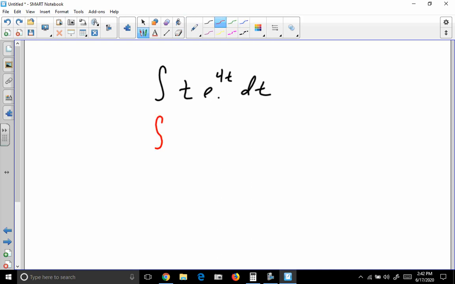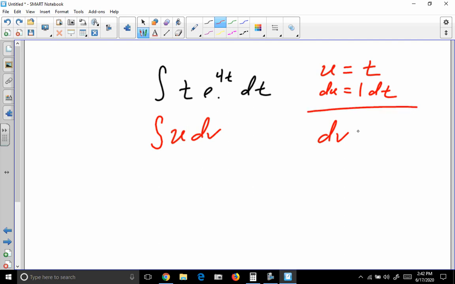We're going to have to do this as the integral of u dv. So we need to see what is going to be u and what's going to be dv. We want u to get simpler when we take the derivative, and dv still has to be something we can integrate. Notice if we let u be t, what's the derivative of t? That's just 1, so du would be 1 dt. That means we can let the rest of it be dv.